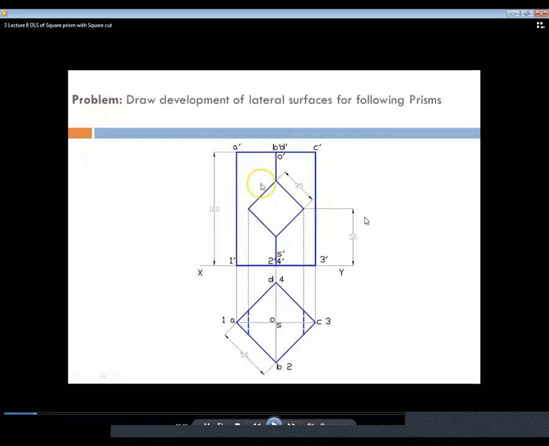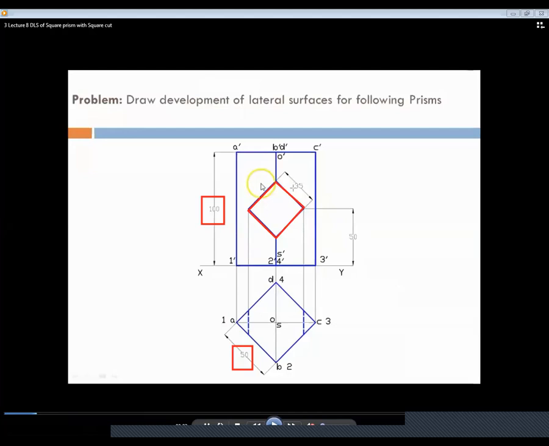See, this is our problem statement. The dimensions may vary. In this video, they have taken height of the prism 100 mm, and the side of square prism is 50 mm, and it is drilled by this square hole of side 35 mm.